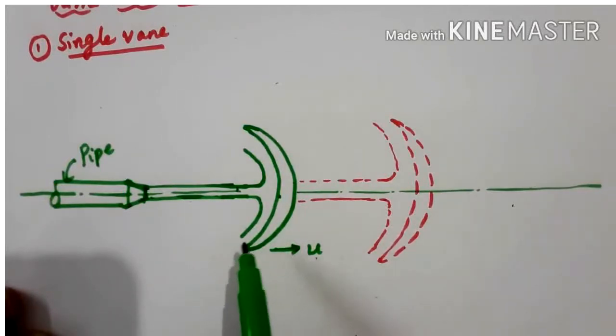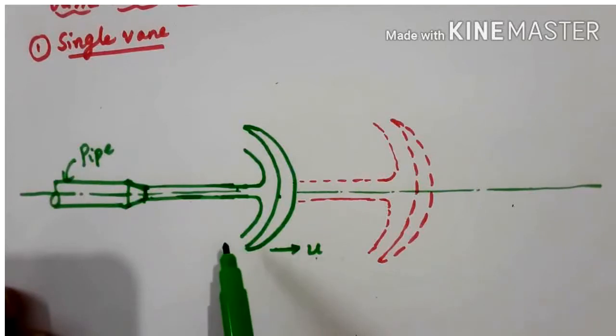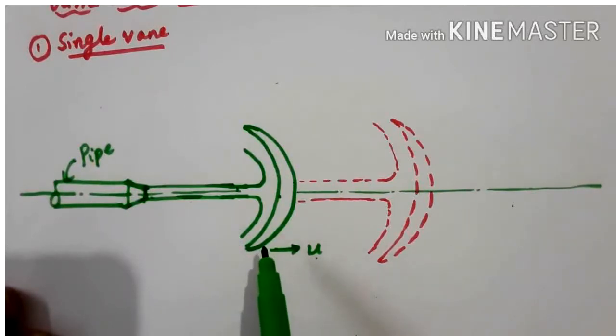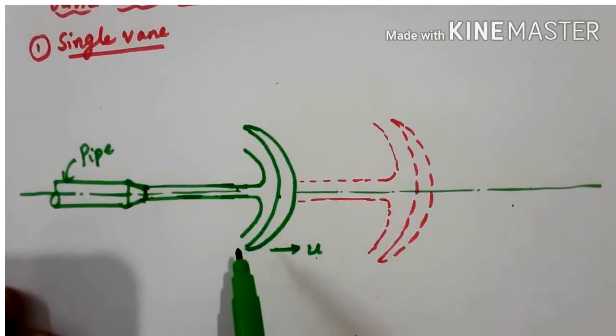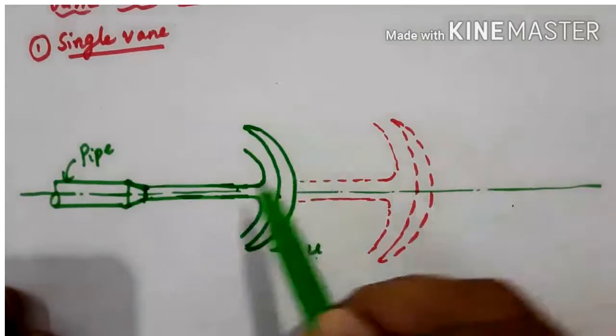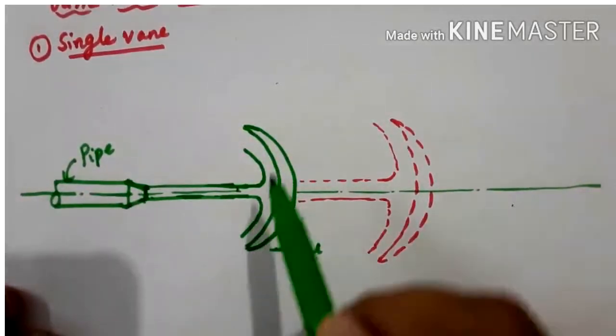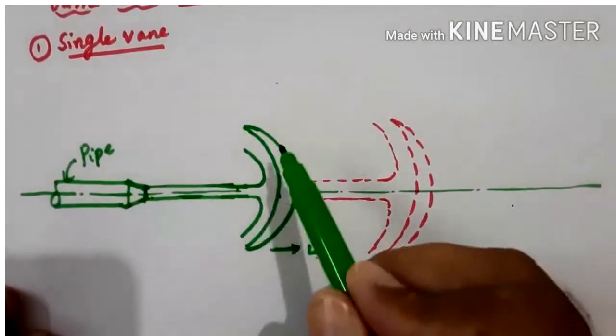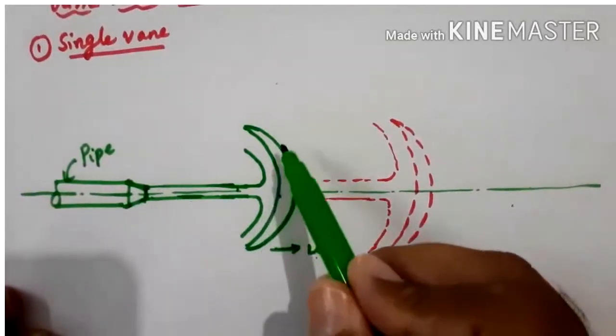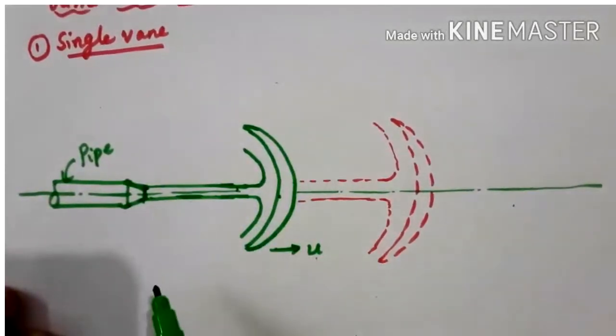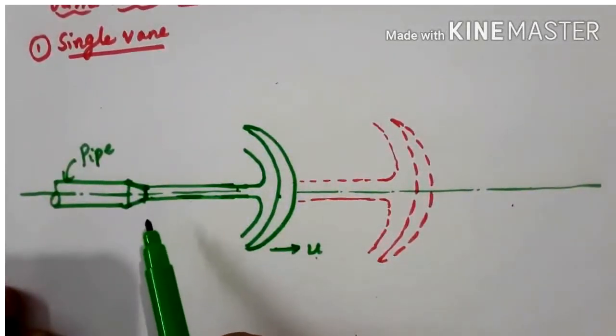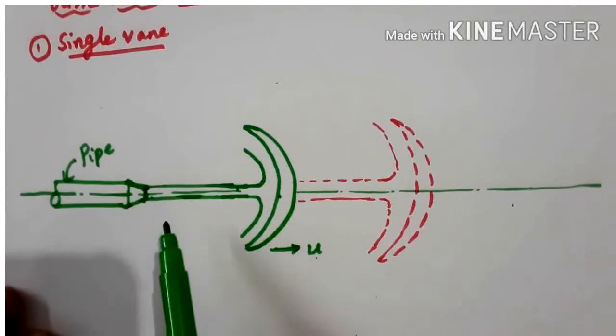In previous cases, we have taken the absolute velocity. What do you mean by absolute velocity? The motion with respect to a fixed frame. So we have taken the motion of a jet with respect to the fixed frame. There we have considered the vane as a fixed entity. With respect to that, whatever velocity we have taken is called an absolute velocity.